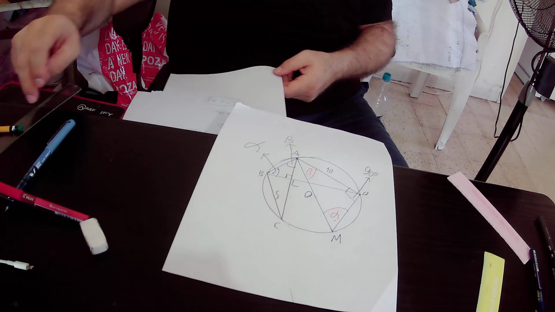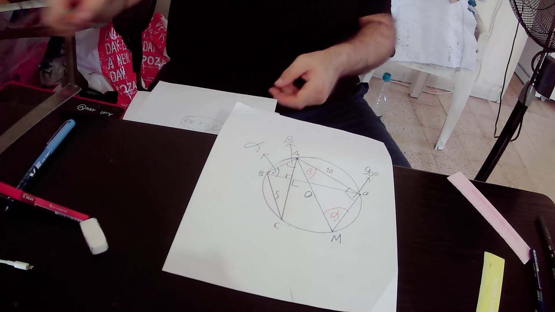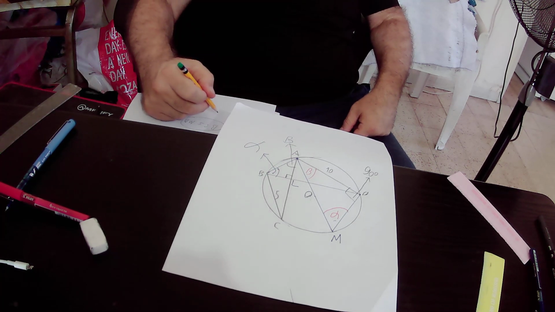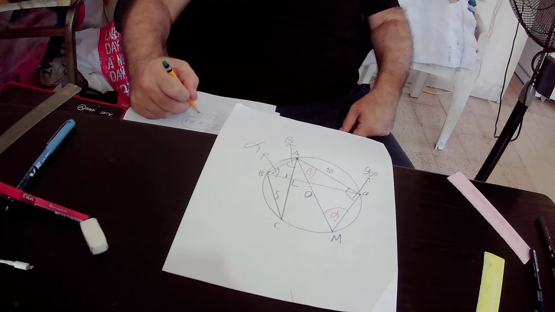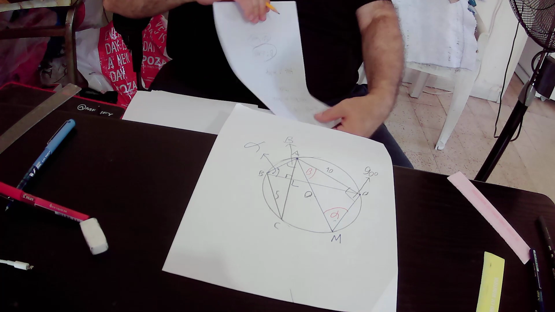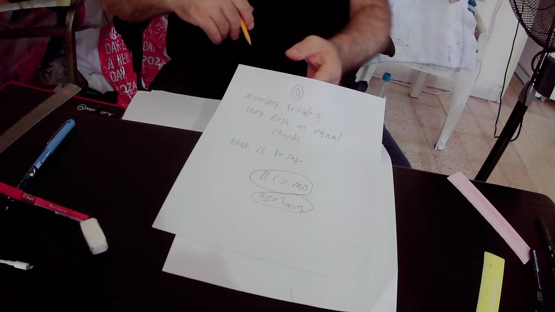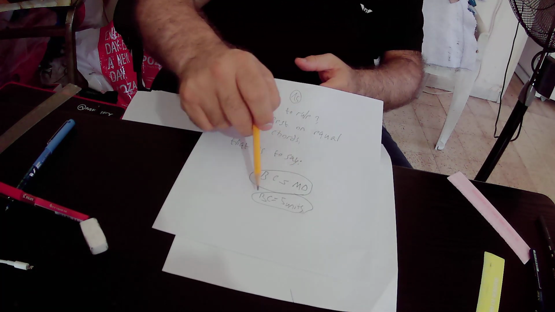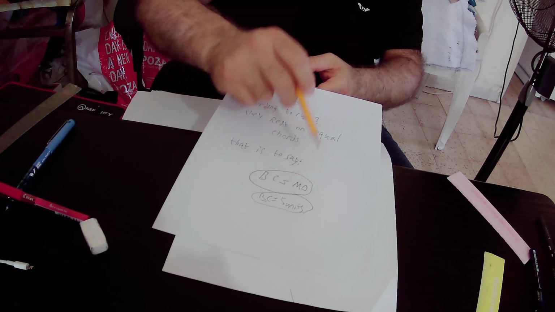It is given to us in the question that chord BC equals 5 units.